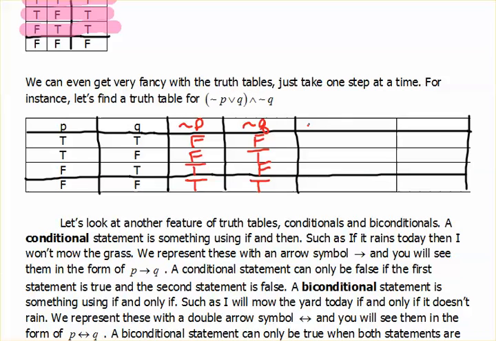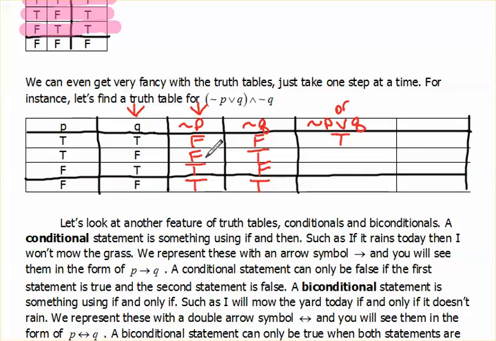So I'm going to do not P or Q. I'm going to look at my not P column, and then I'm going to look at my Q column. And this symbol means or. So remember, in the or situation, only one of them has to be true in order for the whole thing to be true. So not P is false, Q is true. That makes true.